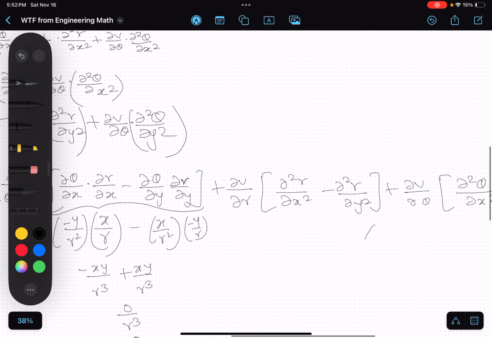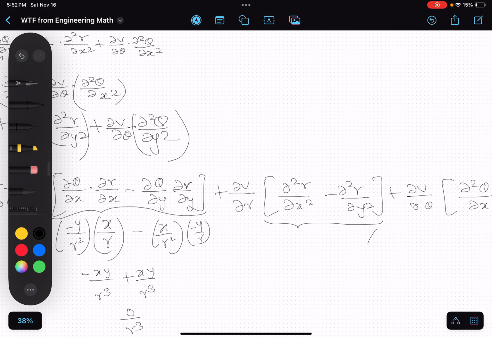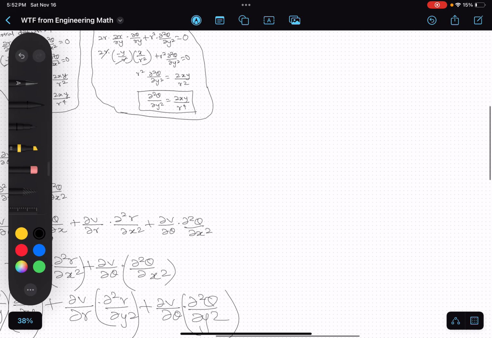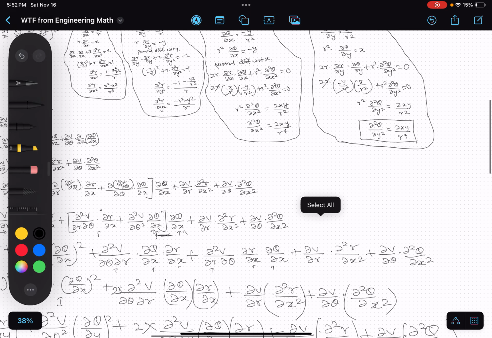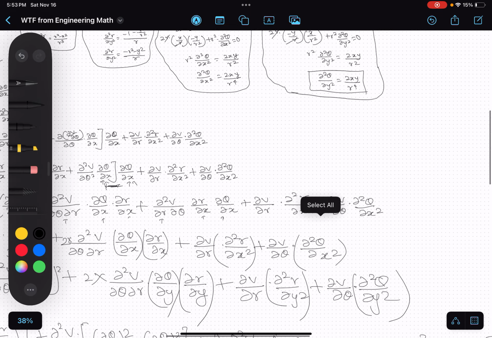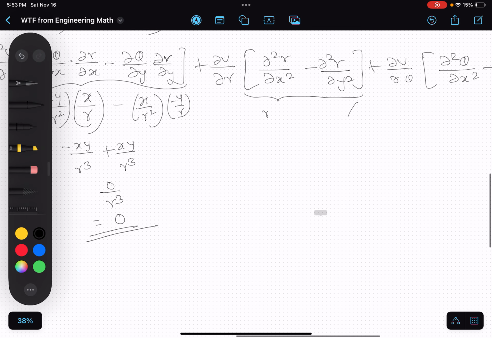Okay. So partial square r, now we want to find this one. Partial square r partial x square is just r square minus x square by r cube.